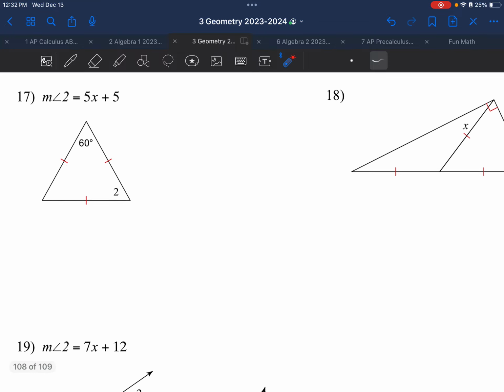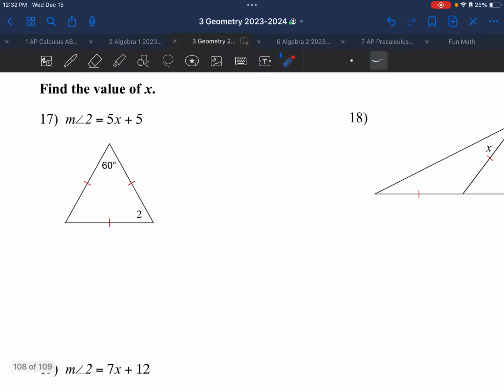In number 17, we want to solve for x. It tells me that this angle down here is 5x plus 5. Because this is an equilateral triangle, every single one of these angles is the same. Each one must be 60 degrees, which means 5x plus 5 is equal to 60 degrees.